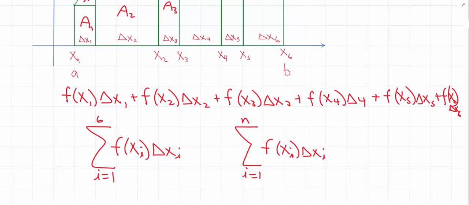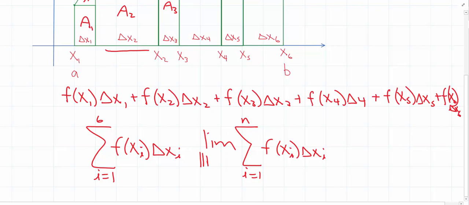And we found that the more rectangles we choose, the smaller the largest interval between them. Look at this largest interval here, delta x2. The more rectangles we have, the more the largest one goes to 0, and the better our approximation. So we said, let's take the limit as the largest one of those rectangles goes to 0, in other words, the largest partition.